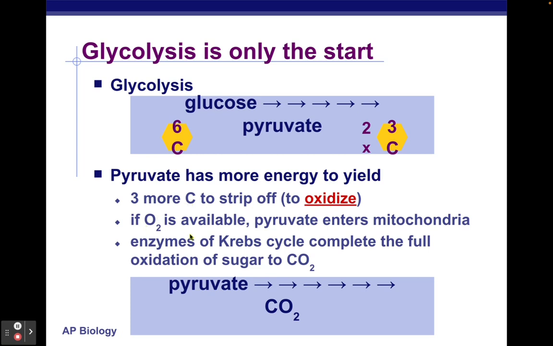If oxygen is available, pyruvate is going to enter into the mitochondria. And then the enzymes of the Krebs cycle are going to complete the full oxidation of sugar into carbon dioxide. Because pyruvate has 3 carbons, there's still energy in those bonds. All right, so that takes us to our next step.